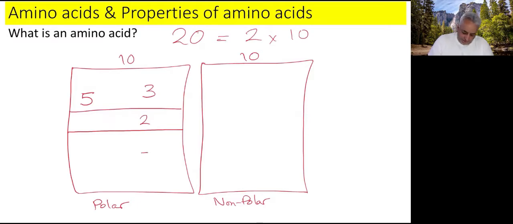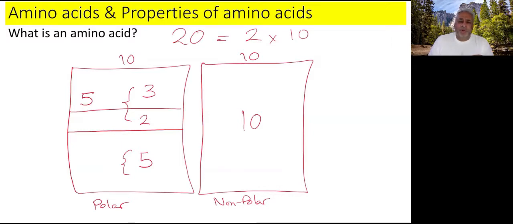The remaining 5 out of the 10 are going to be slightly charged, polar in some type of abnormal distribution of charge along their molecule. Okay. And of course, then the 10 non-polar ones are going to have a charge distribution that makes them unable to mix readily with water.